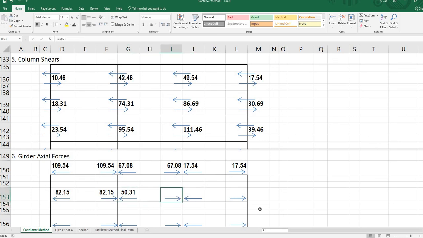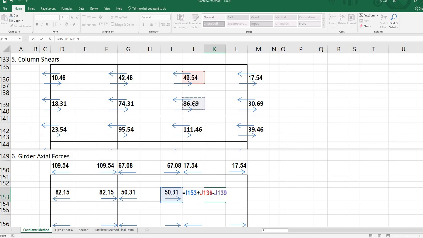Next, this is equal to 50.31, so I will unhide. Then here, this is equal to 50.31. Positive siya kasi directed towards the right. Tapos si 49.54, this is to the right, so plus. And then minus 86.69.